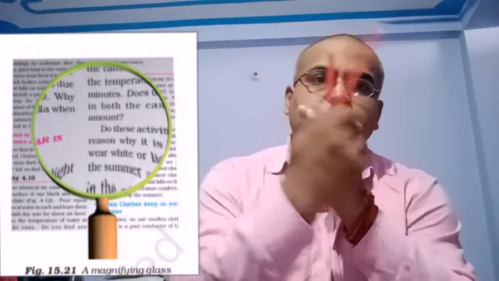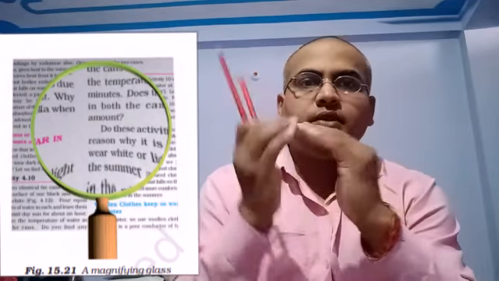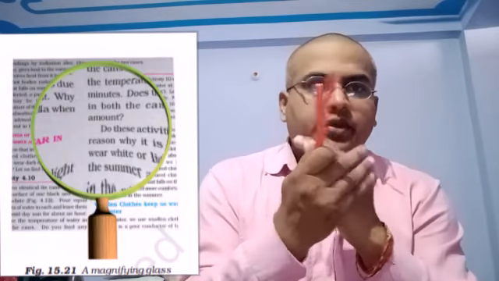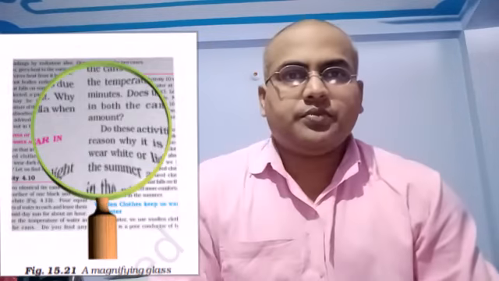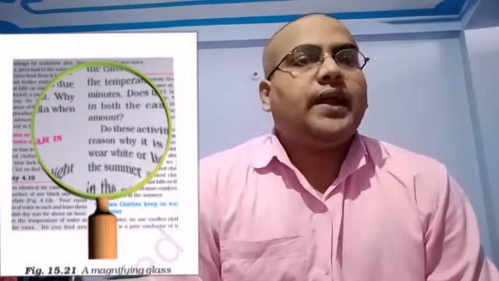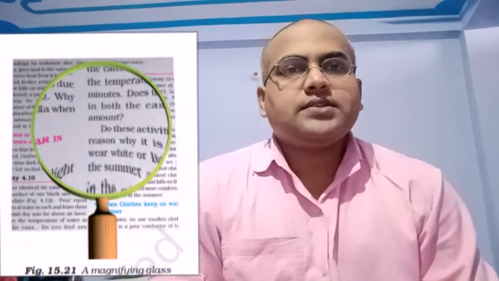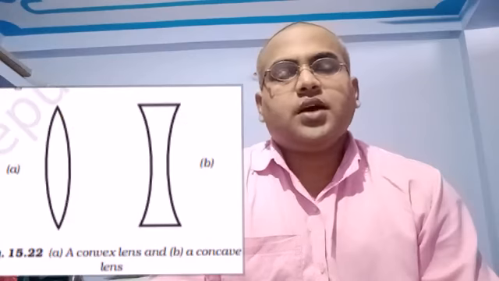Convex means a bulging part, and concave means where a cave-type formation is there. So we had discussed lenses in yesterday's class. Now today we are going to discuss some more details about this.